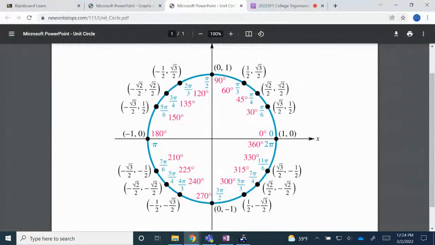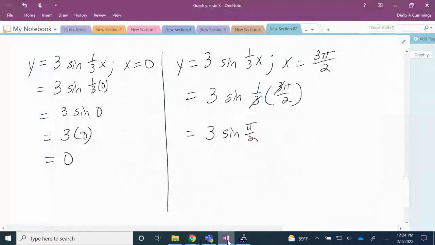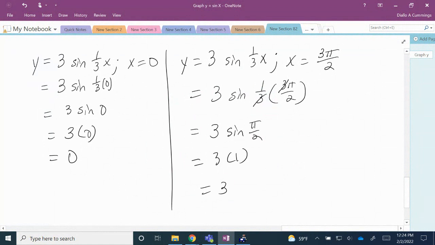The sine of pi over 2 is 1. So 3 times the sine of pi over 2 is 3 times 1. So we have our next ordered pair point as 3 pi over 2, comma 3.